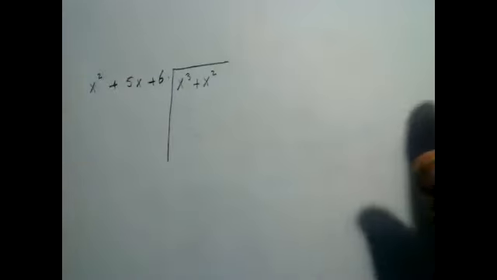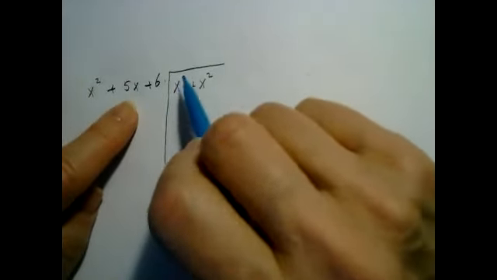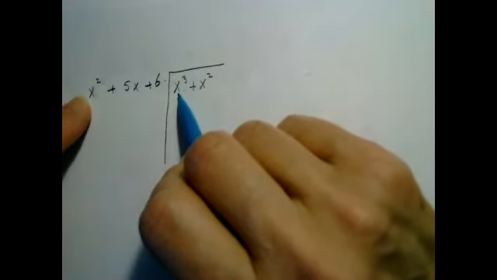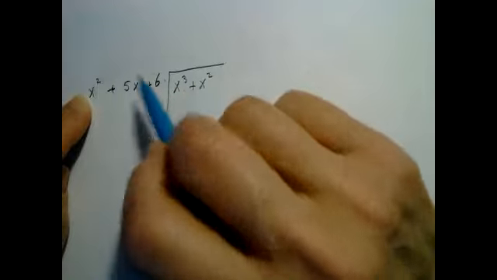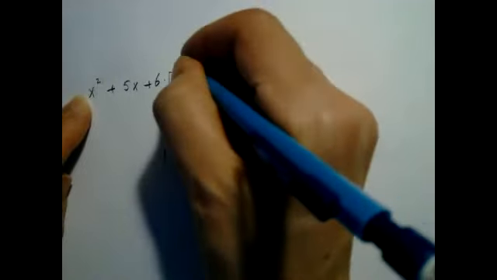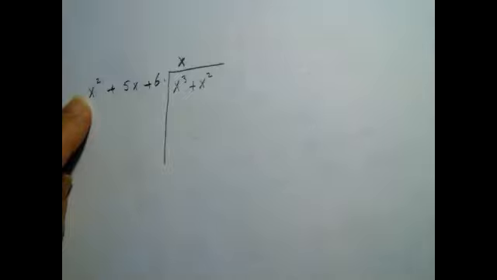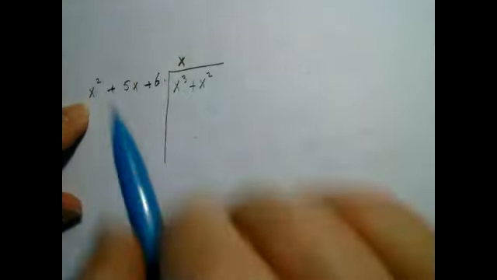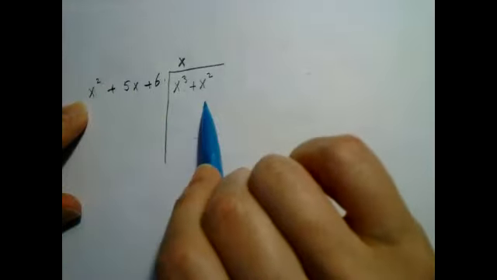Okay. Like we did before, we take the highest power of x here, which is x cubed. We divide it by the highest power in the divisor, which is x squared. X cubed divided by x squared gives me x. Then I multiply x by the divisor and I subtract.